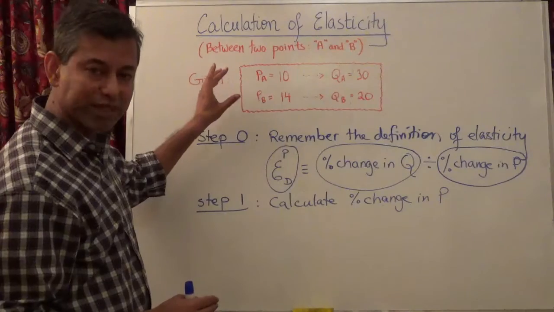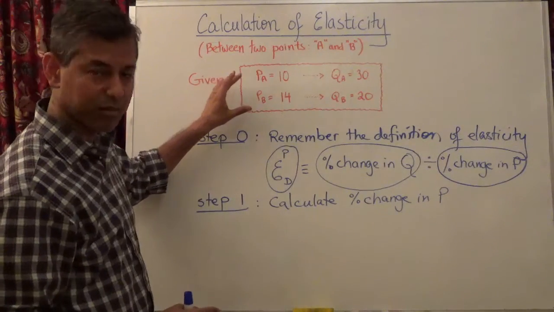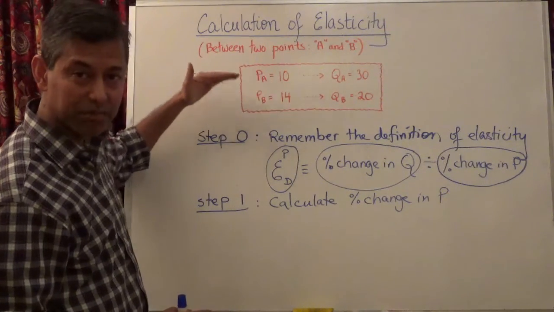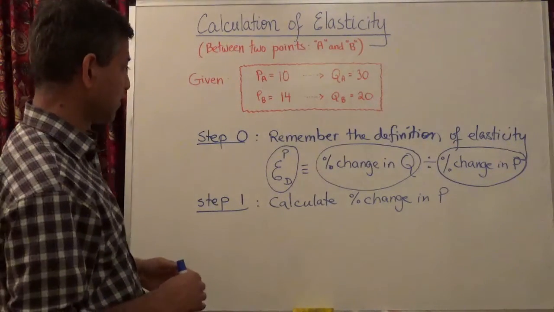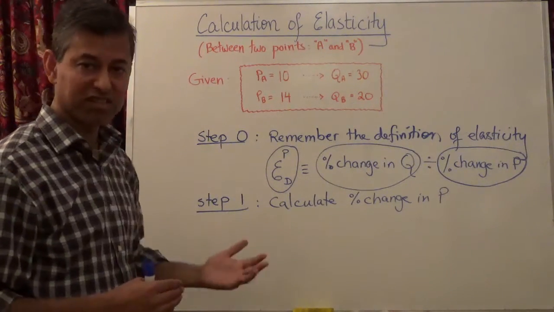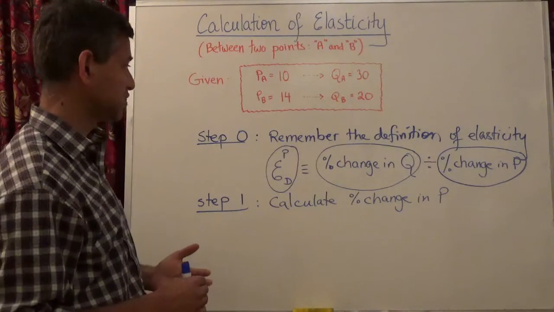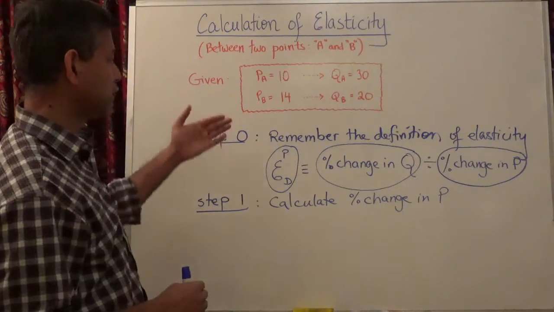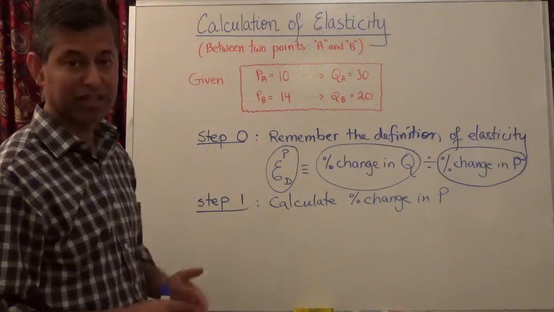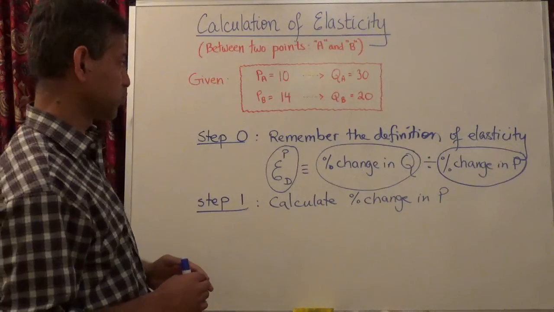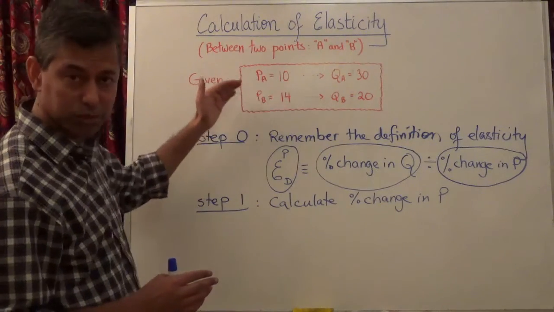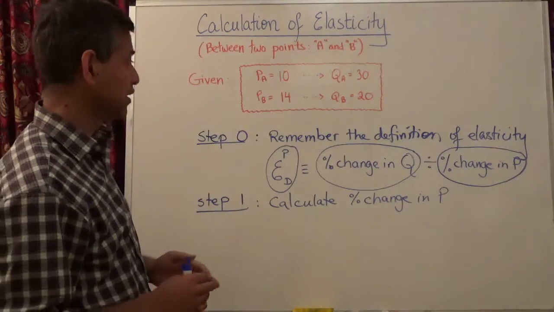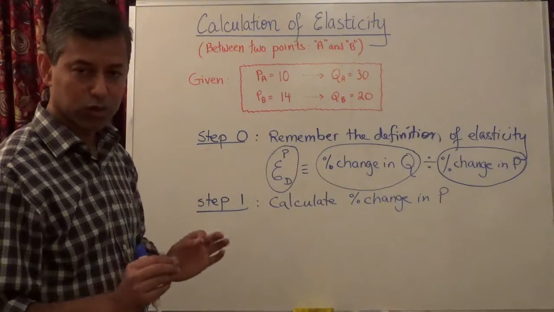Note that we did not specify in this example which one was the beginning price and which one was the later price. When we don't know which is the specific beginning point and which is the specific end point, we have to treat both of them as potentially the initial point. So we would have to use the average between the 2 points, the midpoint, as the initial point.